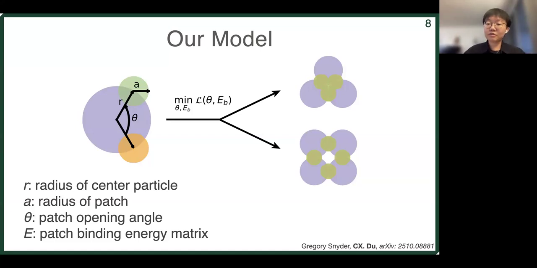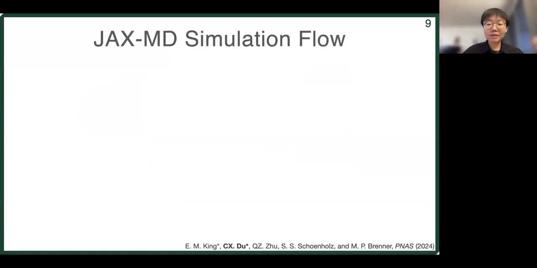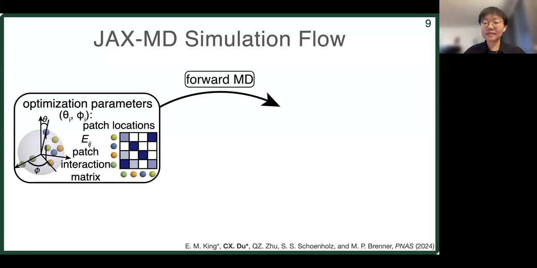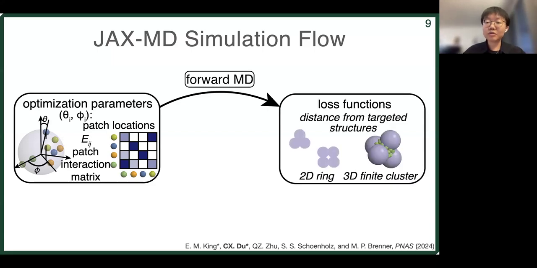So how do we actually do the optimization? Basically the optimization simulation flow looks like this. We first have our optimization parameters that we introduced in the last slide. Then we run a standard molecular dynamics simulation and observe the final structures.